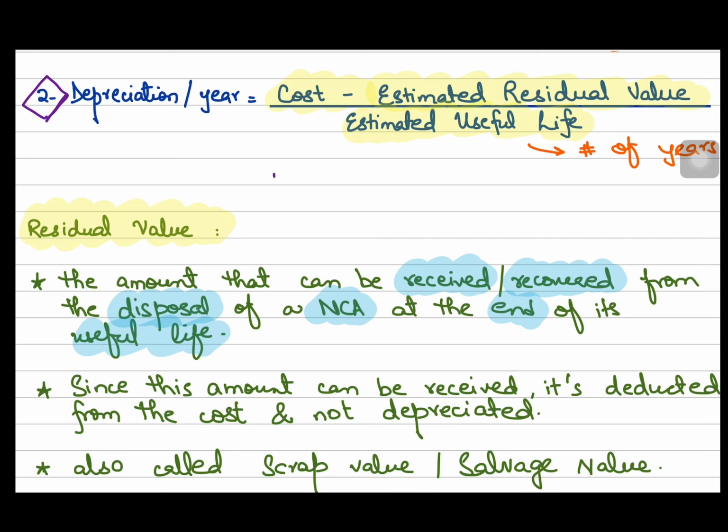For instance, I buy a non-current asset, and in the purchase year I am assuming that I will be selling it for, let's say, 8,000 at the end of its useful life of, let's say, 8 years. So this is the value I think that I might recover from this non-current asset by selling it at the end of its useful life.